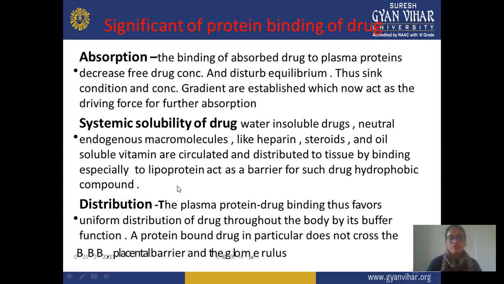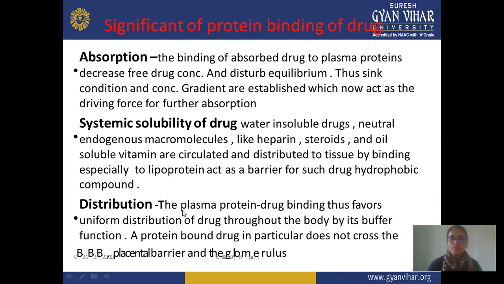And next is distribution. Plasma protein binding favors the uniform distribution of drug throughout the body by buffer function. A protein bound drug particularly does not cross the blood-brain barrier, placental barrier and glomerulus. So drug distribution may vary according to the type of the drug, and depends on which barrier is crossed, or whether that particular drug crosses that barrier or not.